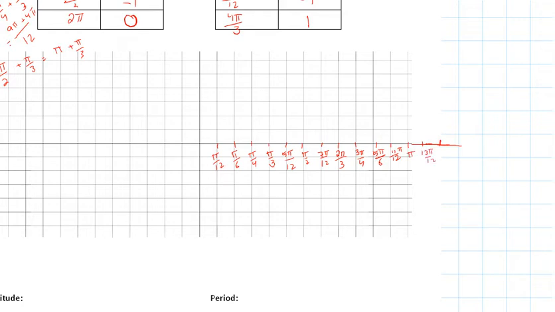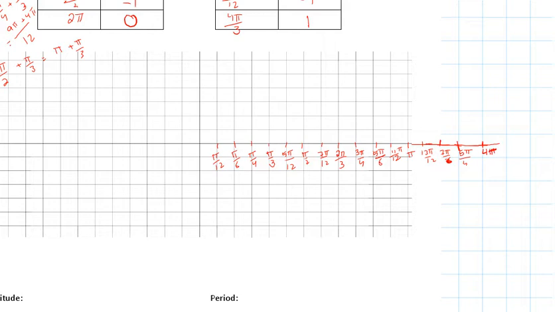If I divide both by 2, that's going to be 7 pi over 6. 15 pi over 12, I can divide both by 3, so that's going to be 5 pi over 4. 16 pi over 12, and that's going to be 4 pi over 3, and that's the last one that I need.